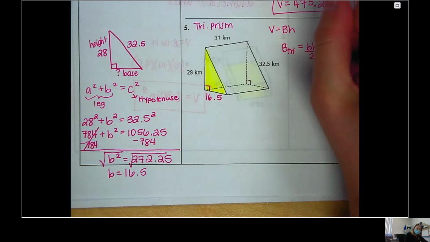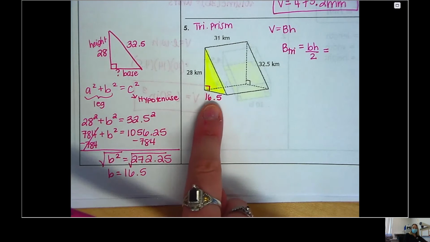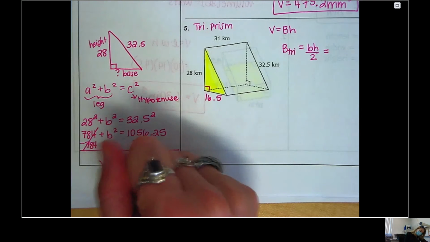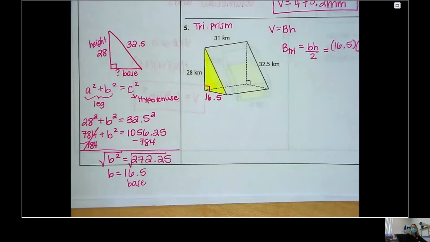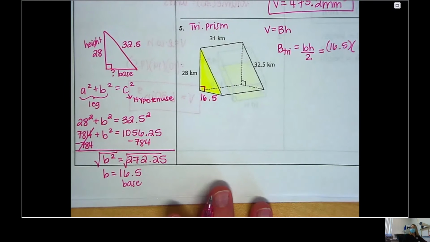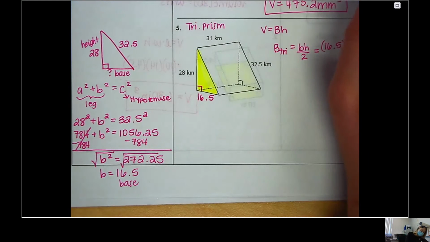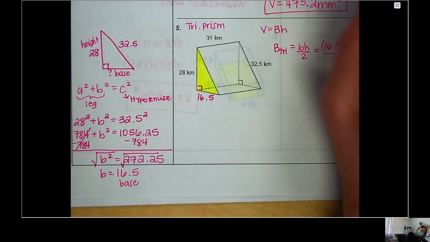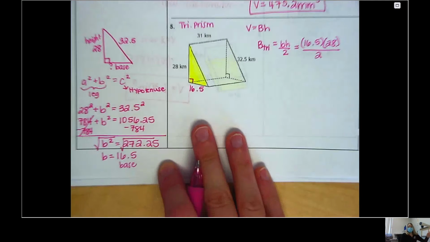We just figured out the base, which was 16.5. Times the height of the triangle. We already know the height of the triangle: 28. We're going to multiply those two numbers, and then divide by 2.